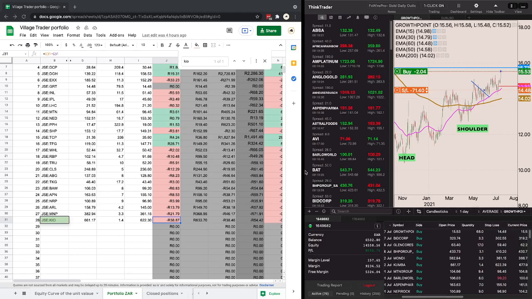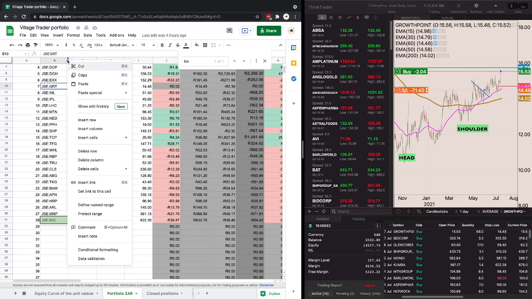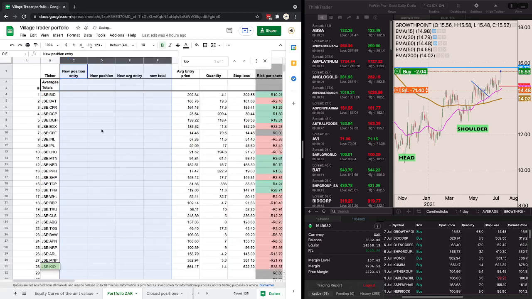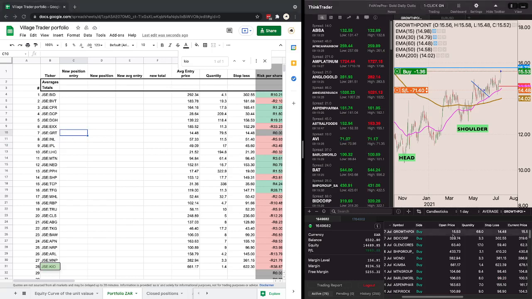So starting with GRT. Let me just unhide these columns. There you go. So GRT entry got filled at, as you can see here, 1553, and I got myself 68 of this share.